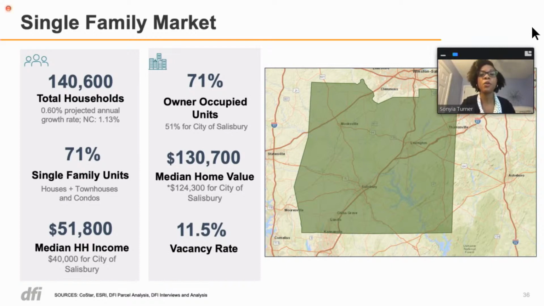As far as home values, we've also seen little to no home value growth over the past 5 years, an average of 0.4% growth. These are things to keep in mind, especially when we're thinking about whether the Kesler Mill site would be attractive for a single family developer.